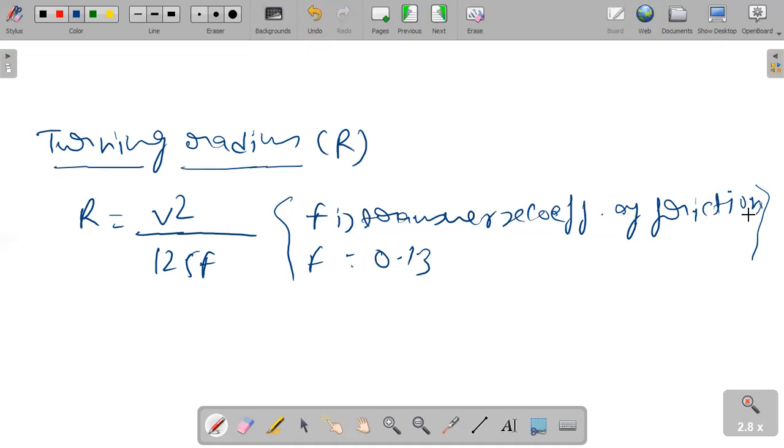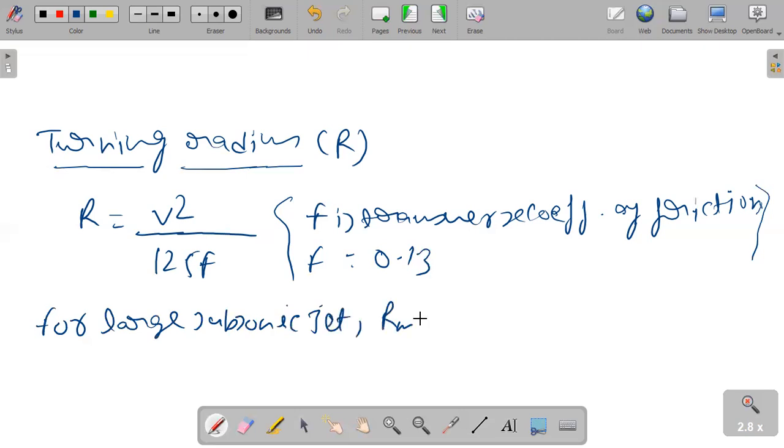Let's talk about minimum turning radius for large subsonic jets and for supersonic transports. For large subsonic jets, R minimum is equal to 120 meter for any value of speed.